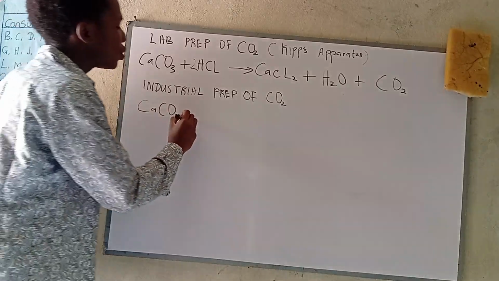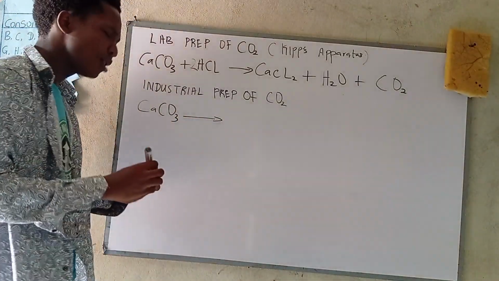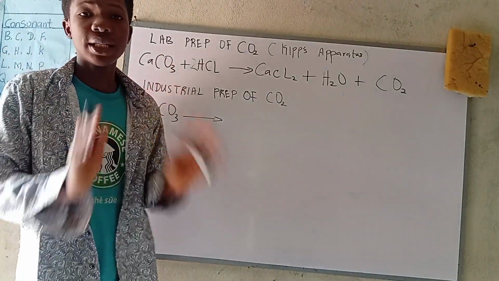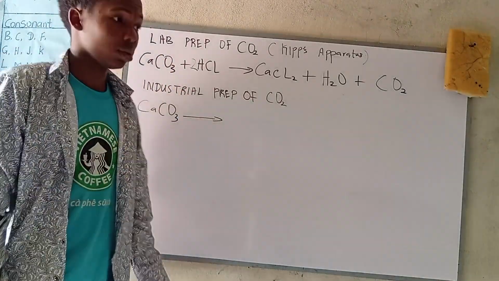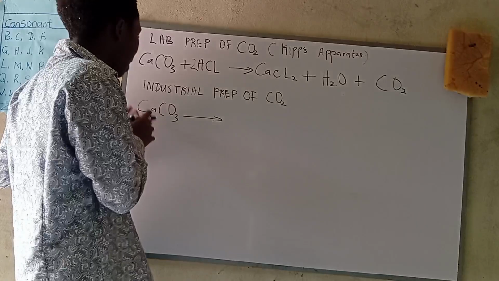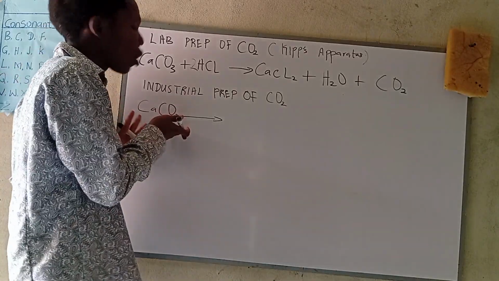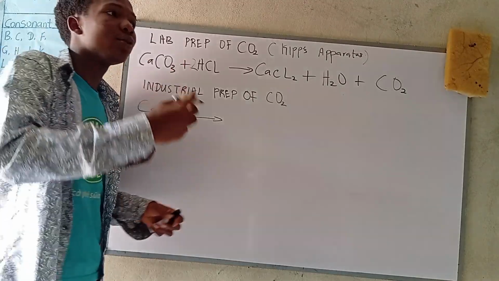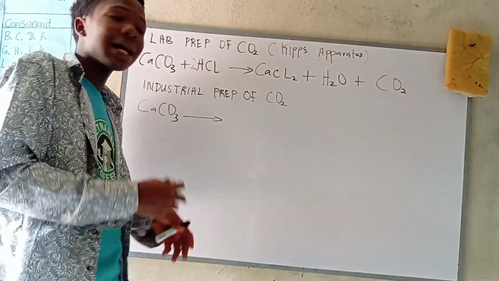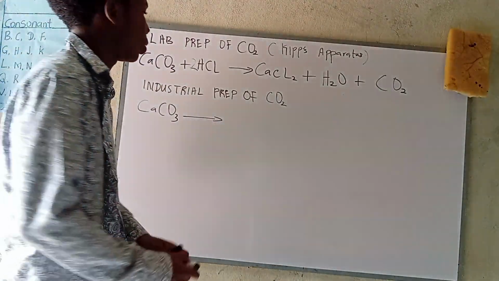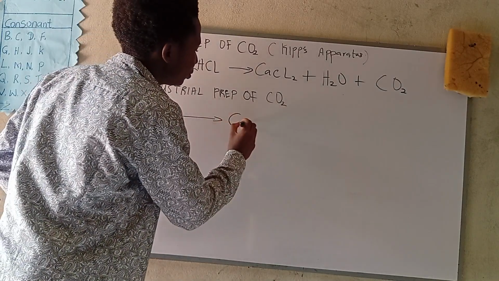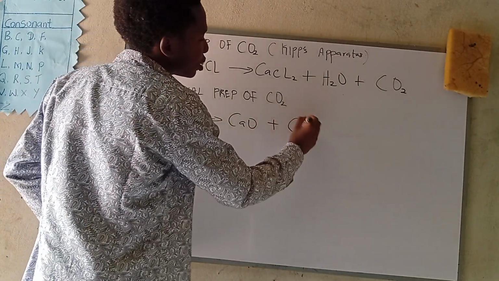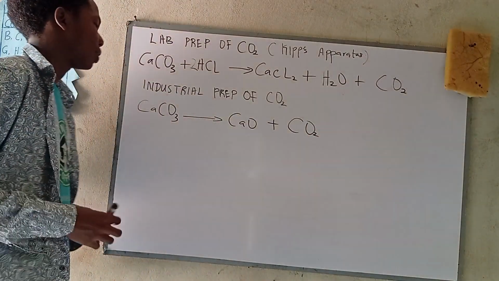When this undergoes thermal decomposition, what comes to your mind? It's simple. Thermal is heat, and decomposition is the breakdown. So when heat is added to this compound, it will decompose, breaking down to smaller compounds, which will give us calcium oxide and CO2, carbon dioxide.